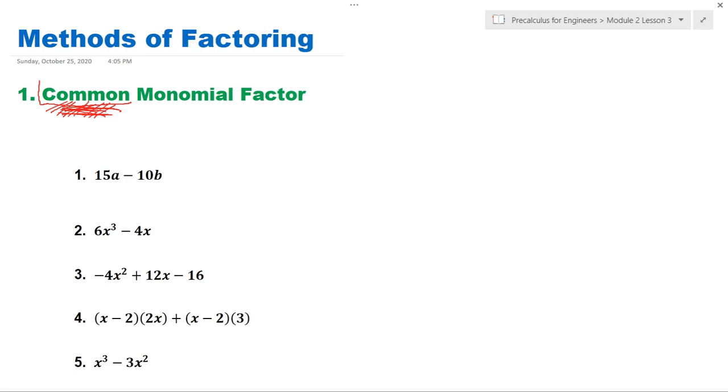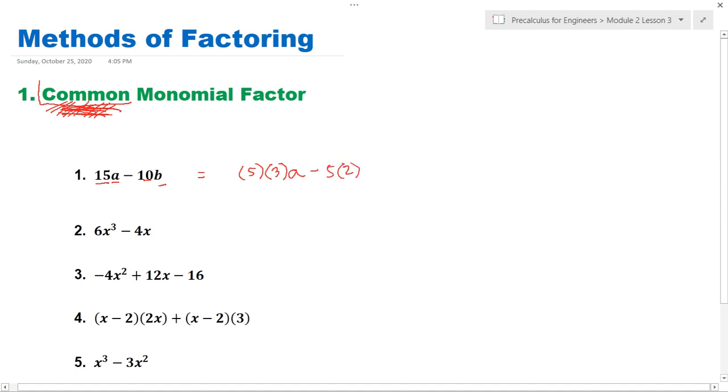You should look at the coefficient and also the variables. So, let's look at the variable first. We have variable a and variable b. Do they have a common? No, because both of them are different. How about our coefficients? So, 15 and 10. We can factor 15 and 10 into 5 times 3a minus 5 times 2b.